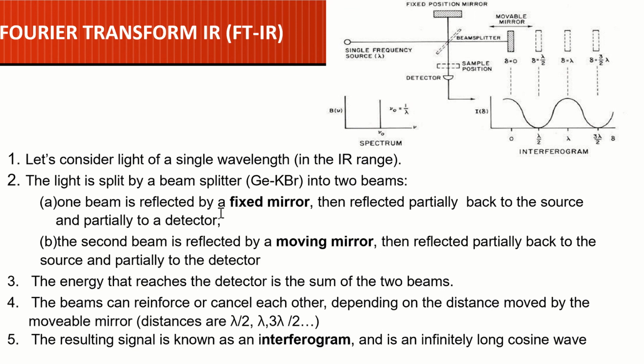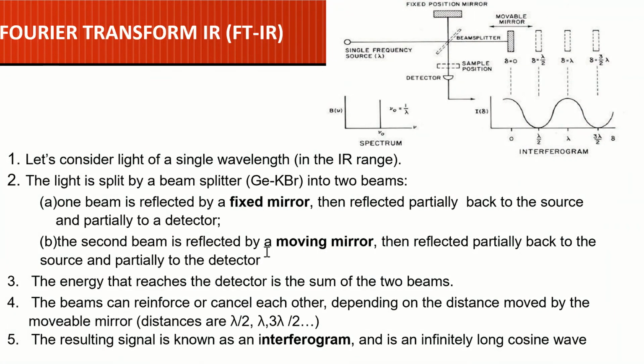The first goes to a fixed mirror and the other to a moving mirror. Let's see the fixed mirror here, and we have the movable mirror here. One beam is reflected by the fixed mirror, then reflected partially back to the source and partially to the detector. Where is the detector? Down here.